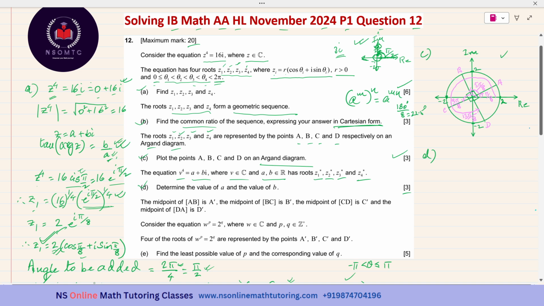Now, before I solve this question, I just want to show you another equation, and that will tell you why I am using this logic.